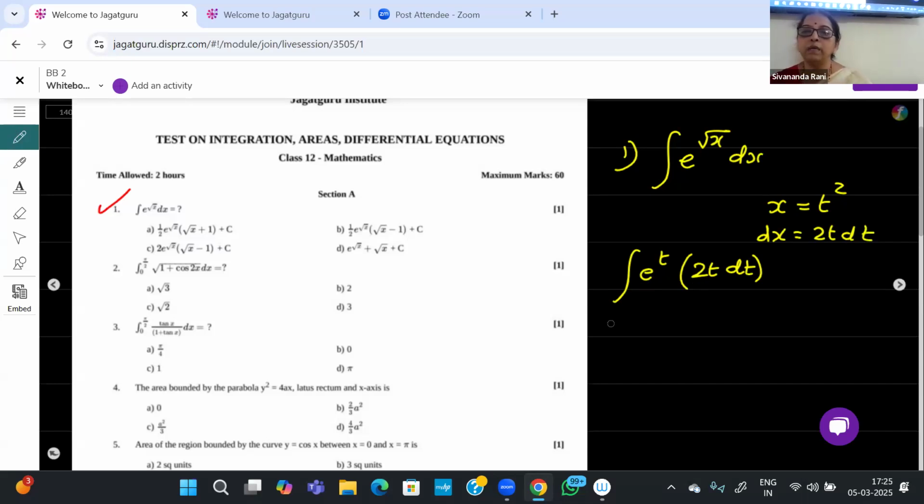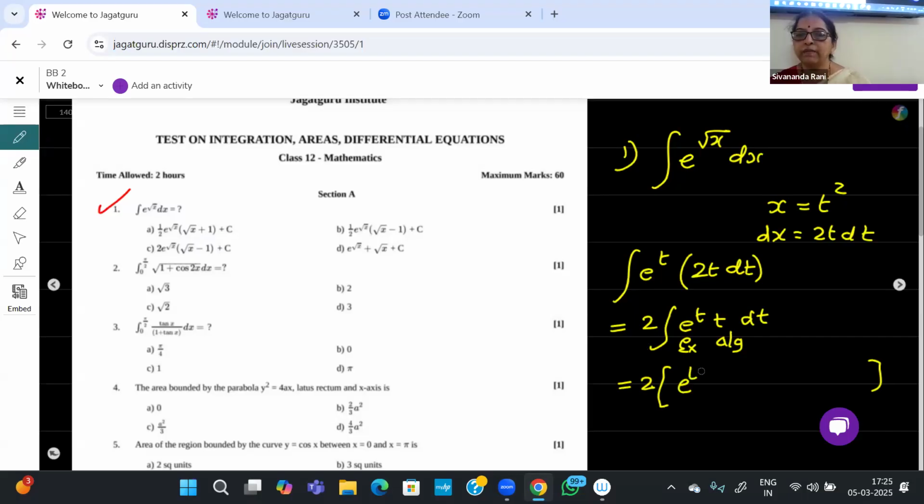But even now, it's not readily integrable. Always, if you take out the constant, it will give you a better perspective. We know that this is exponential and this is algebraic, and therefore it calls for parts. But for parts, I've told you an easy method.